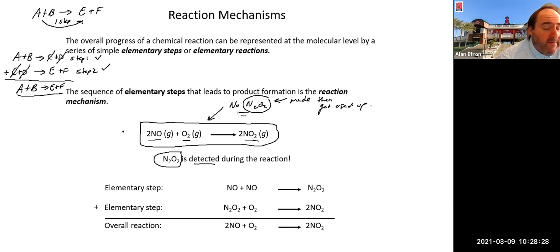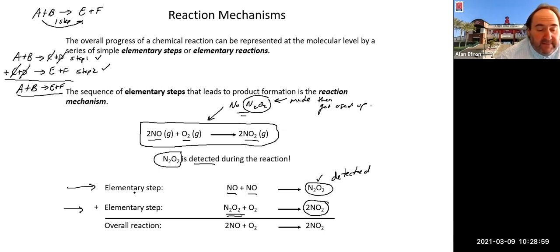To explain what's going on, we can look at this reaction as these elementary steps. In the first step, a couple of NOs come together to make N2O2, which is why we have seen it detected in this process. Then very quickly, in the next step, that N2O2 gets used up to make our product, NO2.